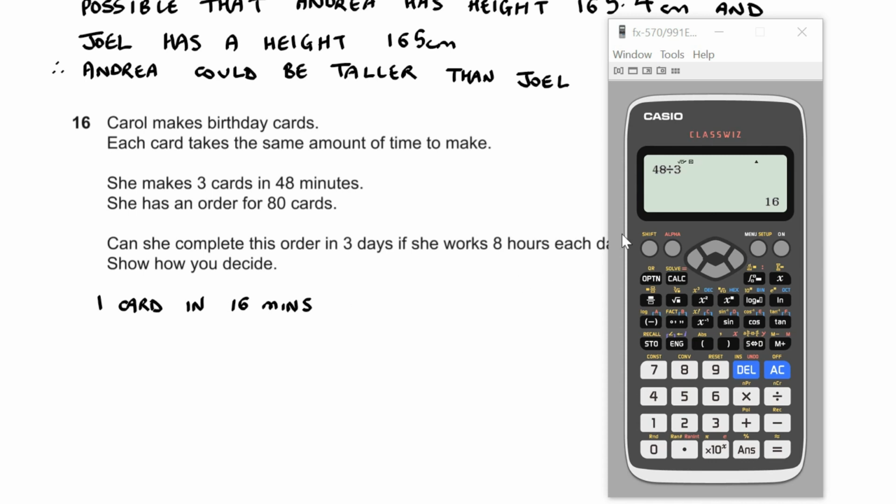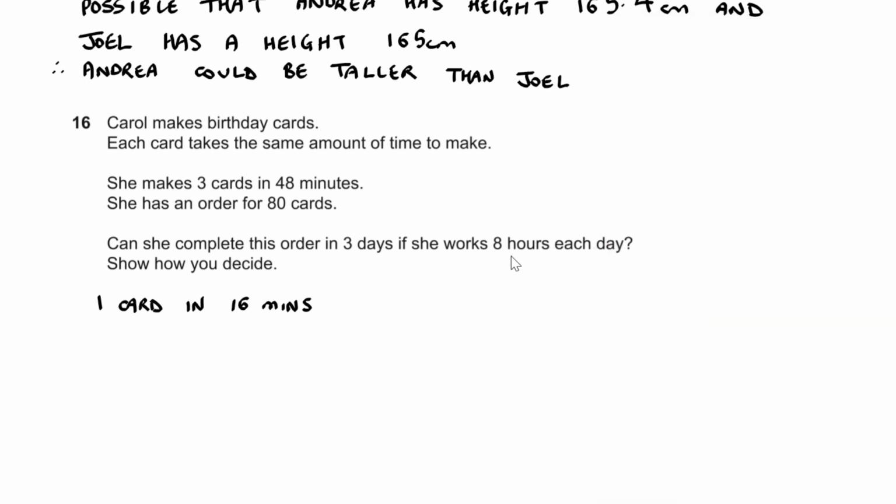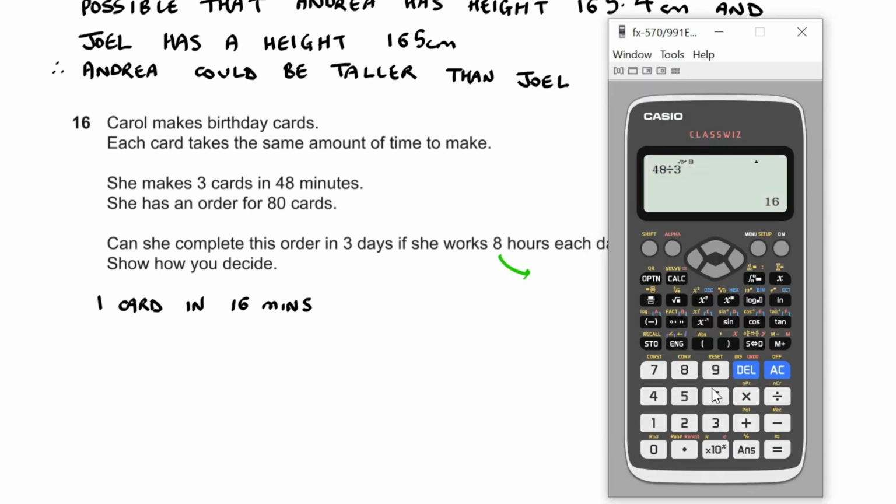And we're questioning if she works 8 hours a day, can she complete this order in 3 days? Well, to go from hours to minutes, we'd have to multiply by 60, and minutes to hours would have to divide by 60. So this 8 hours that she works each day is the same as 8 times 60, which is 480.